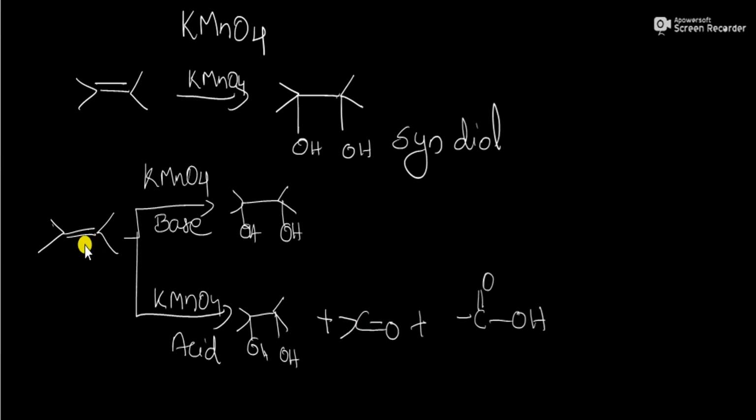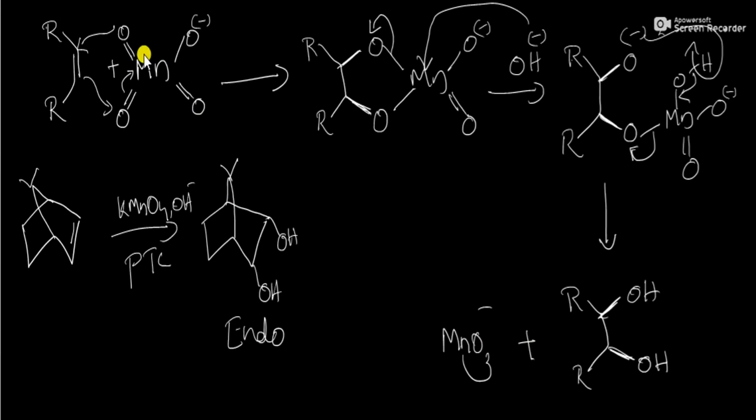That is, this is an olefin in the presence of basic medium. KMnO4 oxidizes this olefin into diol, whereas in the acidic medium we get over oxidized products like carbonyl compounds and carboxylic acids, etc. What is the mechanism of KMnO4 oxidation?